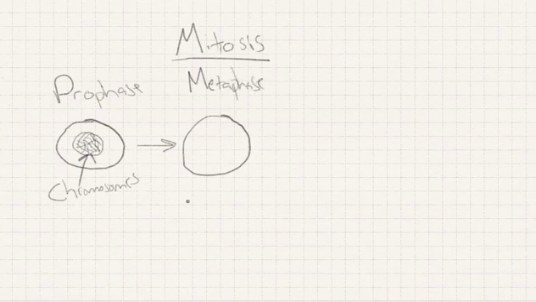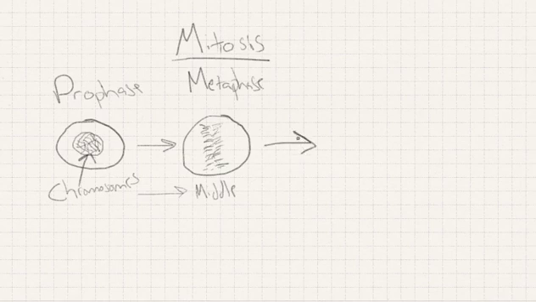And during metaphase, the chromosomes line up in the middle. So you have these chromosomes, the nuclear envelope dissolves, and you have these little chromosomes lining up in the middle. Ideally you have one on one side and the copied one is on the other, and you can see these little chromosomes lined up.